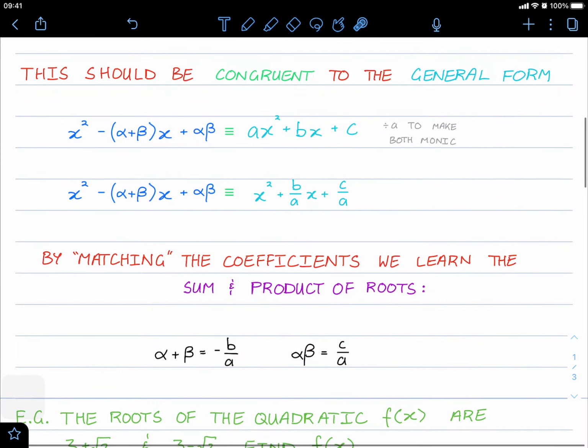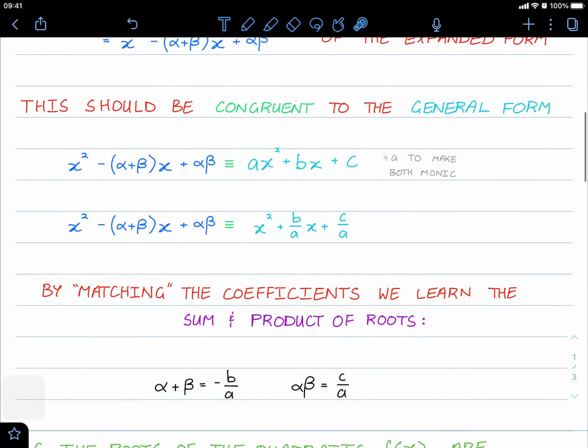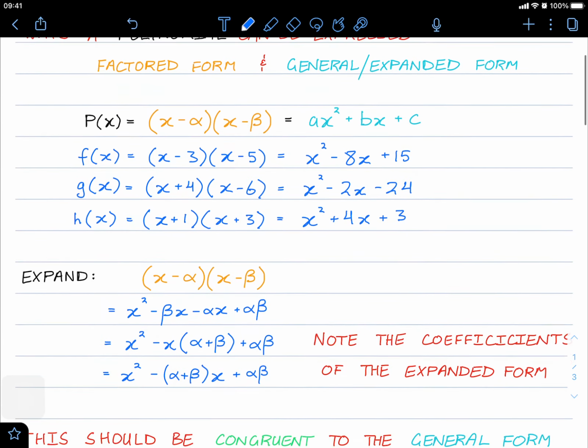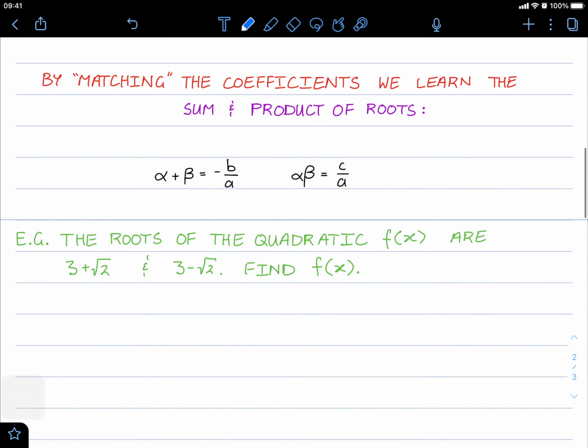So these are two identities that we need to learn regarding the roots of a polynomial in relation to its general form. Now, learning all this, it seems rather trivial, but when we see this in action, it'll make a little bit more sense. So let's go straight into it here.